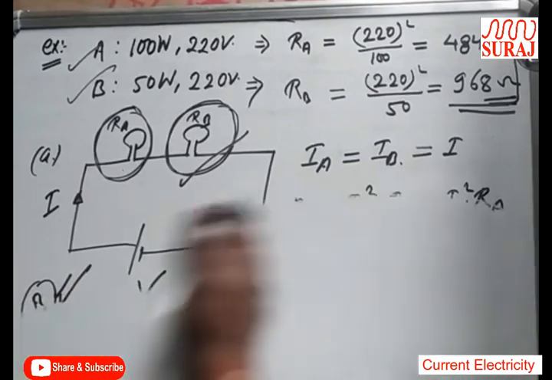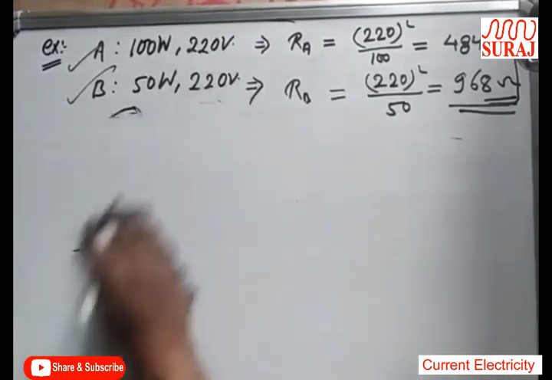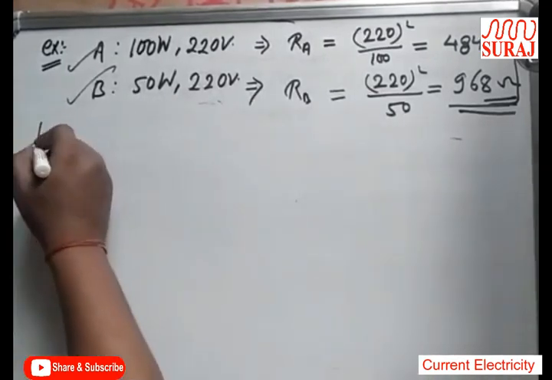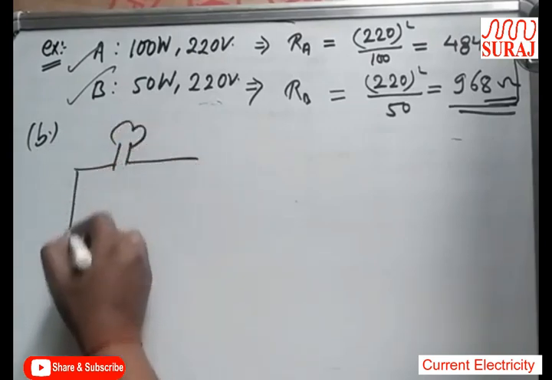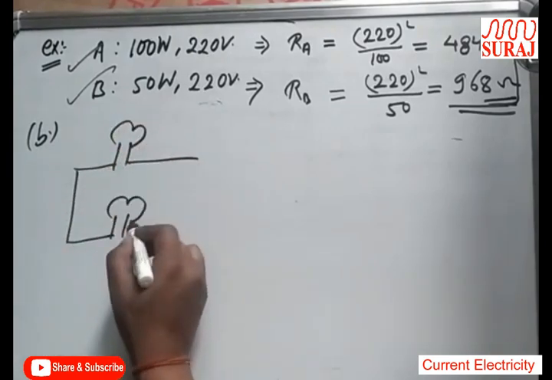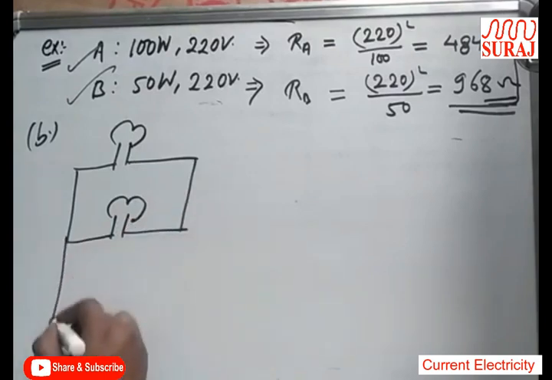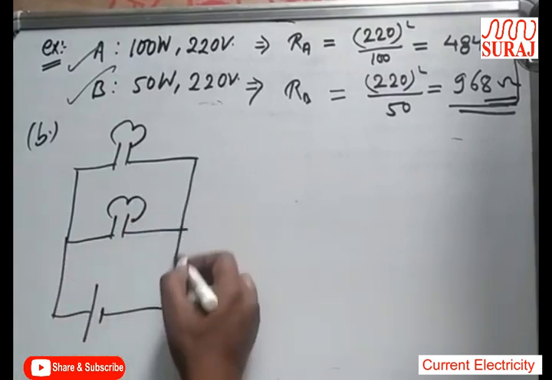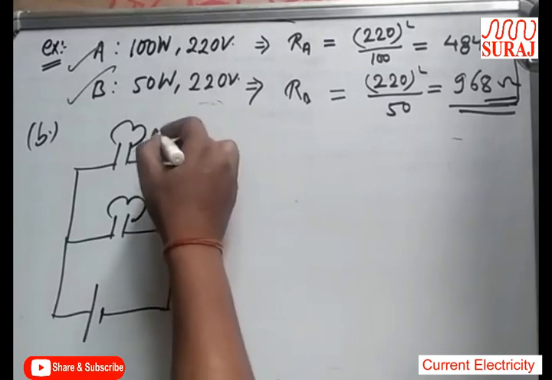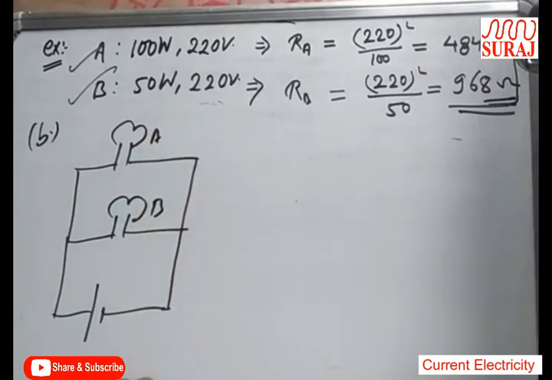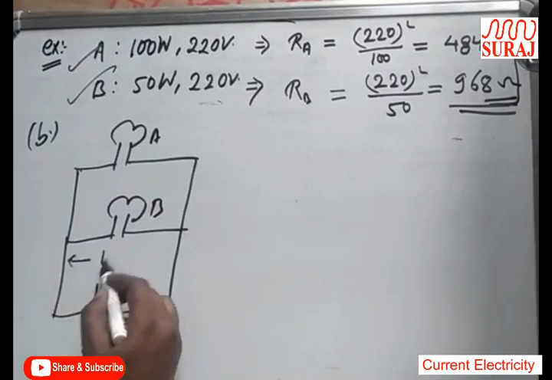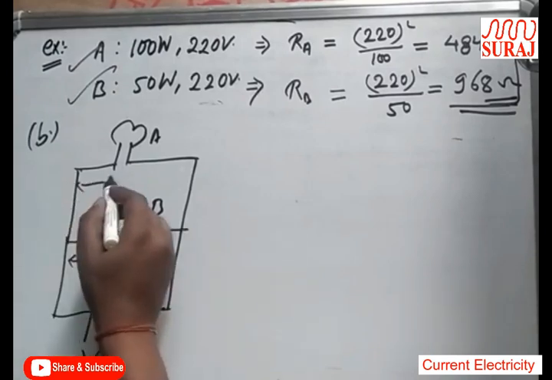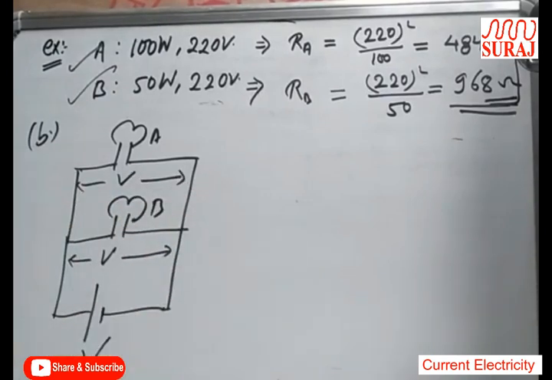Now in the second part, they have asked to connect these bulbs in parallel. What happens when these bulbs are connected in parallel? If we connect the instruments in parallel, then the voltage across these instruments will be the same, the voltage V here and the voltage V here.